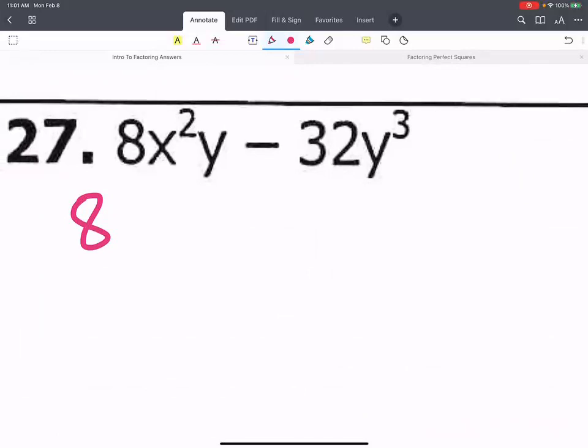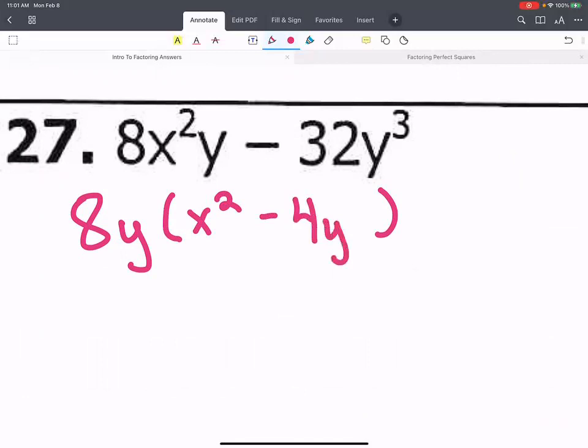But what do I have in both terms I can factor out? 1y. Good. And so when I divide, I'm left with x squared minus 4. How many y's? Y squared. There we go. Okay, don't forget your 8y.